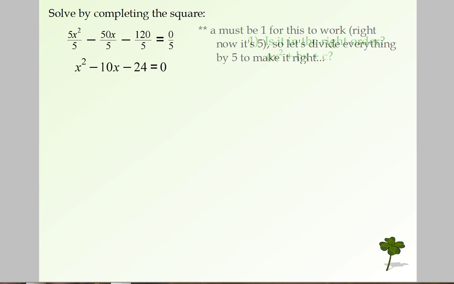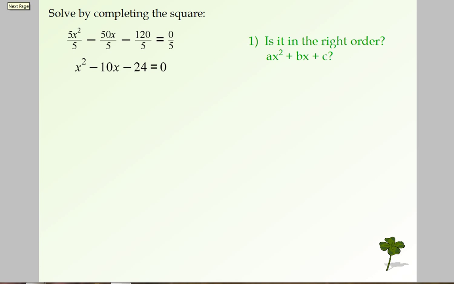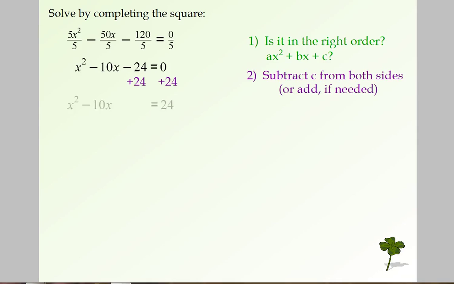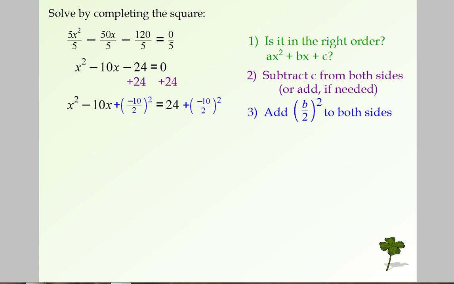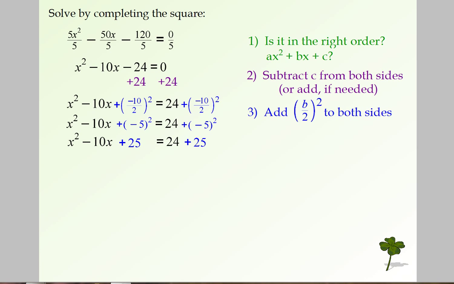So let's go through this one a little more quickly. We have everything in the right order, and A is equal to 1. Get C to the other side. Divide B in half and square it. Add that number to both sides. Simplify and factor.